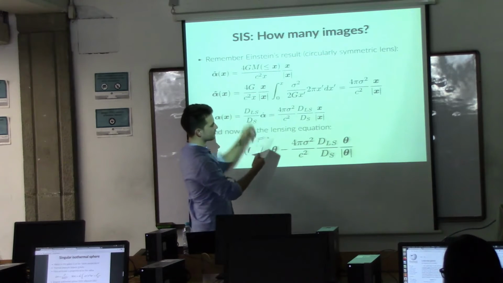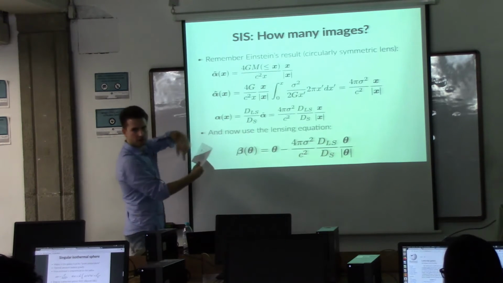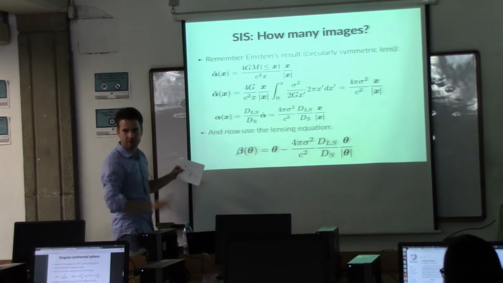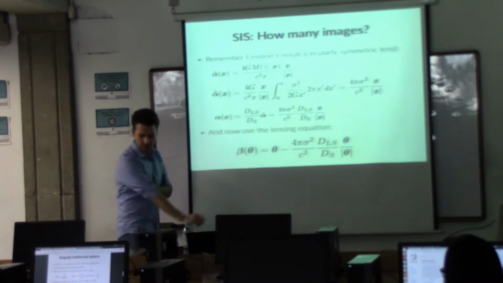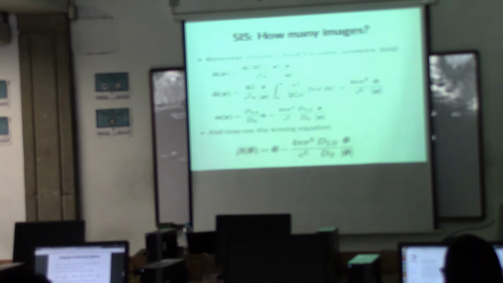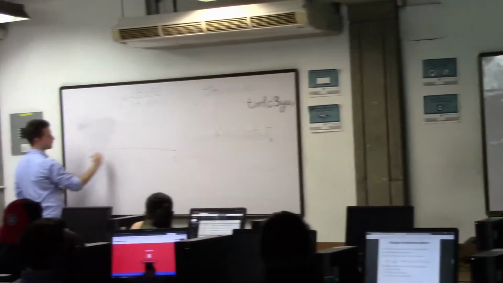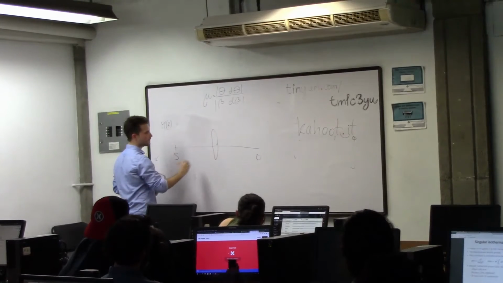No, if the angle is positive, your deflection angle goes up. If you are on the bottom part of the lens, you basically push the image away from the lens. To illustrate what I mean in these complicated words, here is the observer, source, here is your lens.